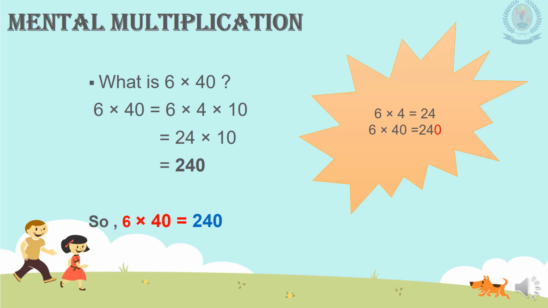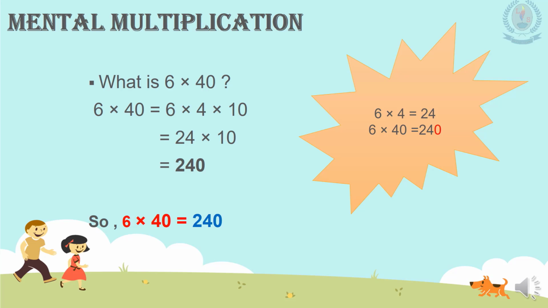Students, now we are moving to mental multiplication. When we multiply numbers, we are trying to find a quick way of multiplying the numbers in our minds. Let's look at the example. Now we are going to multiply 6 by 40. Since 40 is 4 tens, students, you have to remember that multiplying by 40 is the same as multiplying by 4 tens.